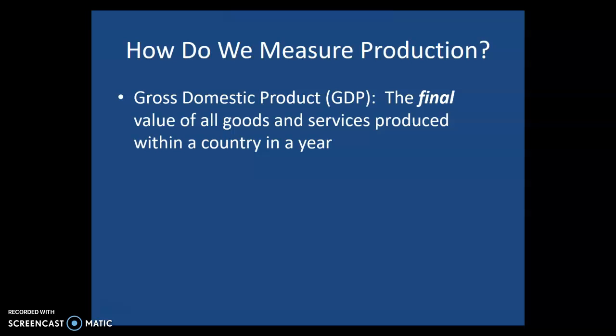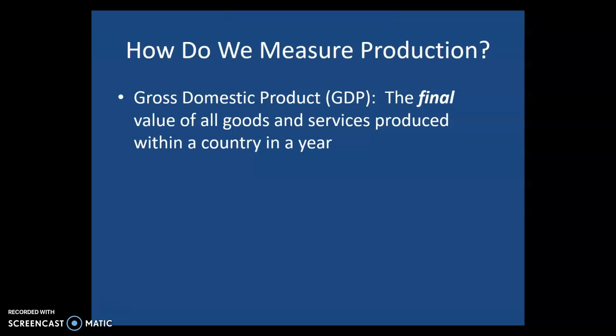It's not the final value of the cotton. Now Macy's is going to sell that product, those jeans and shirts, to actual human beings like you and I. And when Macy's sells it, then it's the final value of all the goods and services that are produced. At that point, when you buy it at the store, it contributes to the GDP.